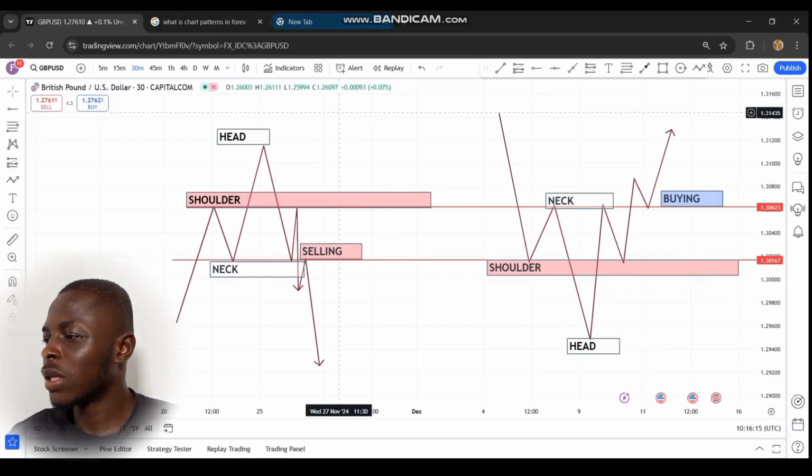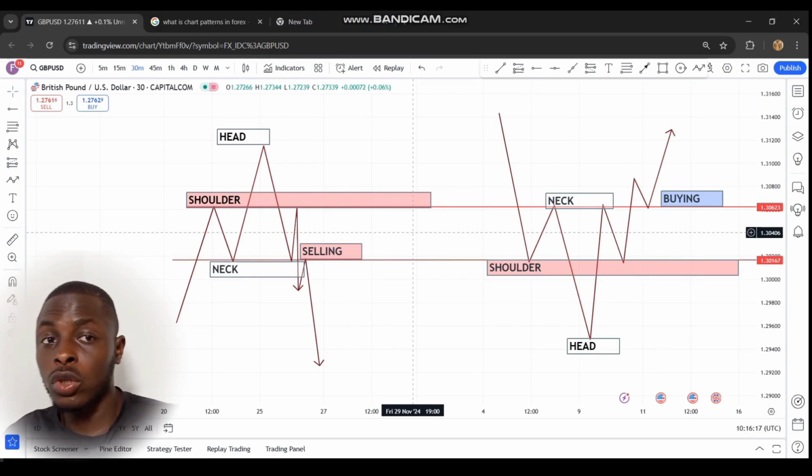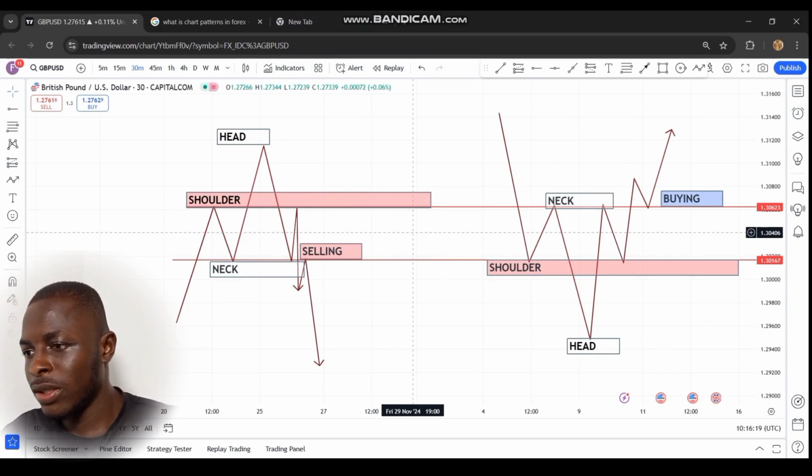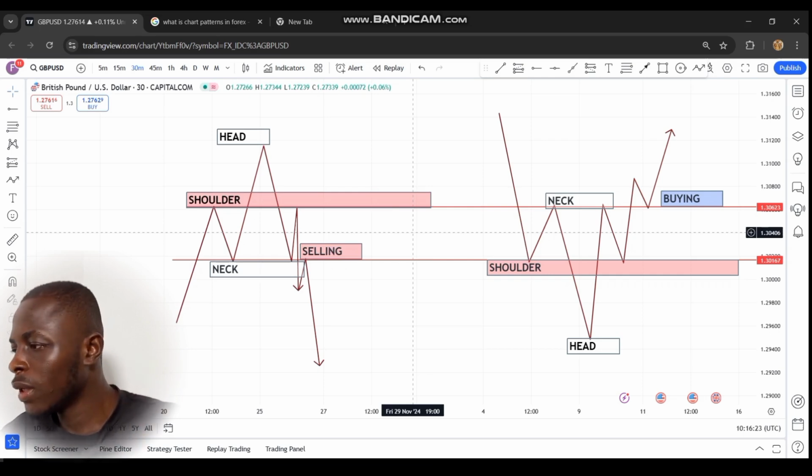So guys, get to the chart and see how this pattern plays out. First of all, we start with the graphical representation of this pattern, which is showing right here. This is the head. This is for the normal head and shoulder pattern.